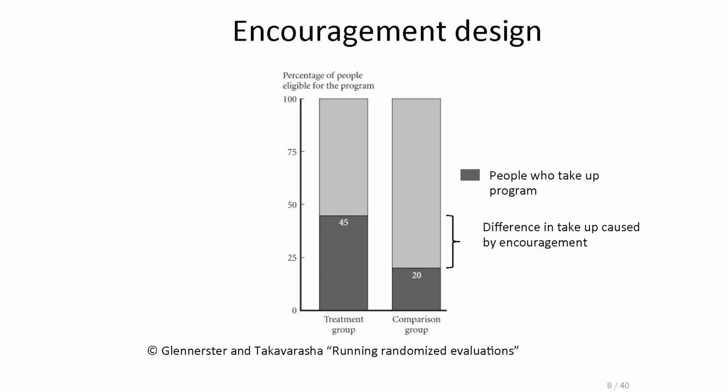A third design that comes very handy, which requires understanding the IV, is encouragement design, which is particularly handy in situations where you have a program that's already there anyway. For example, a nationwide program, imagine a pension program is already there anyway. So it's not going to be taken away from anybody.